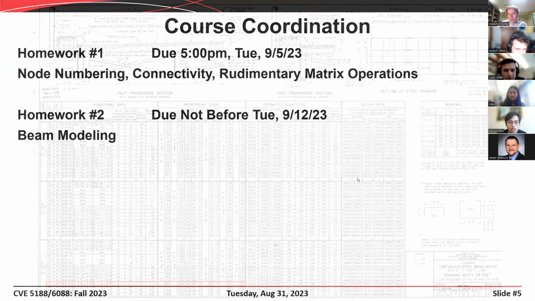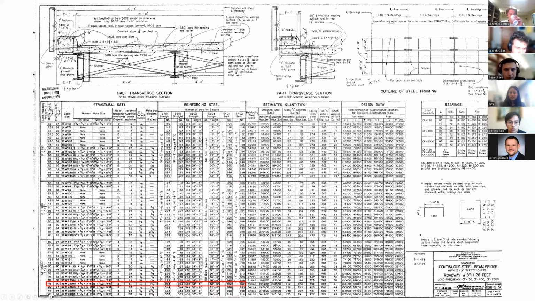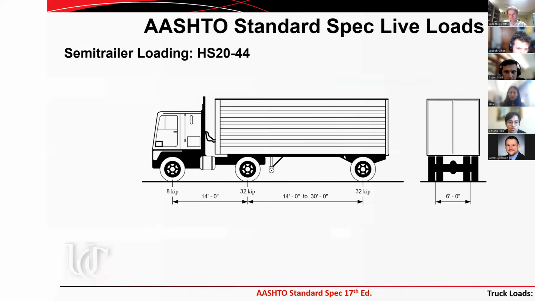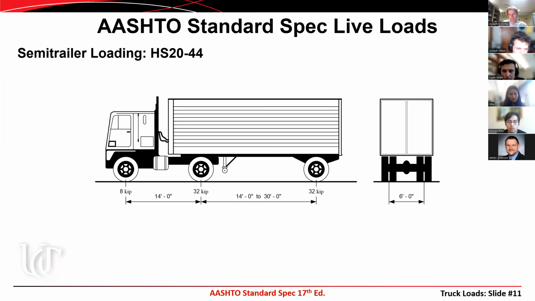We're going to spend some time with this bridge again today. One of the things I wanted to show you was that I added a slide here that shows you what a truck loading is. We're going to put this HS20 truck load on that bridge girder that we modeled last time. So I had to define what that is.